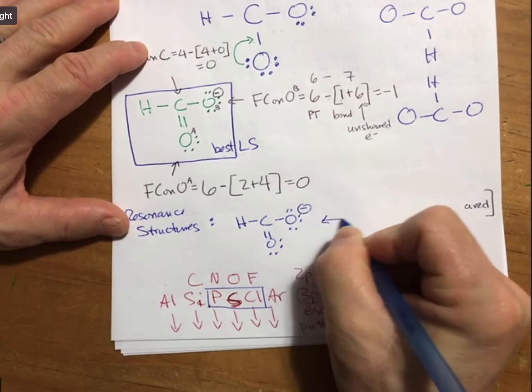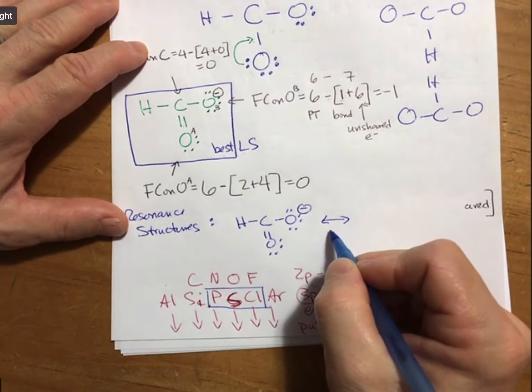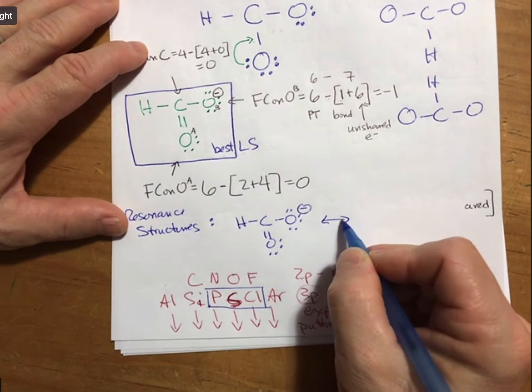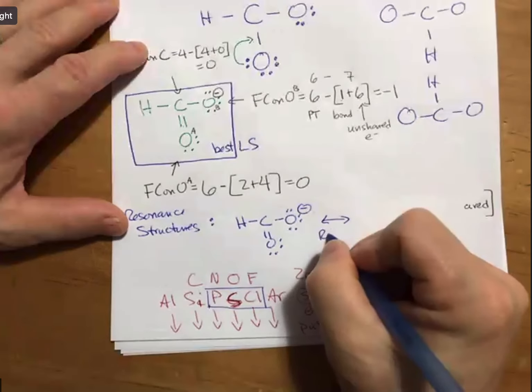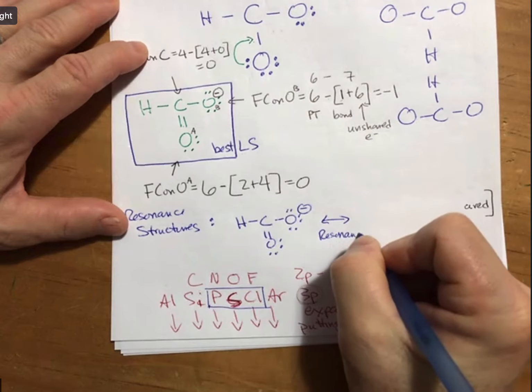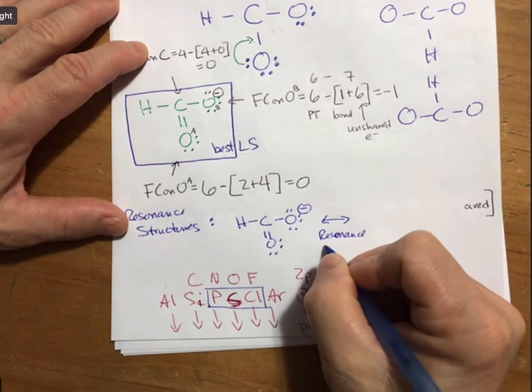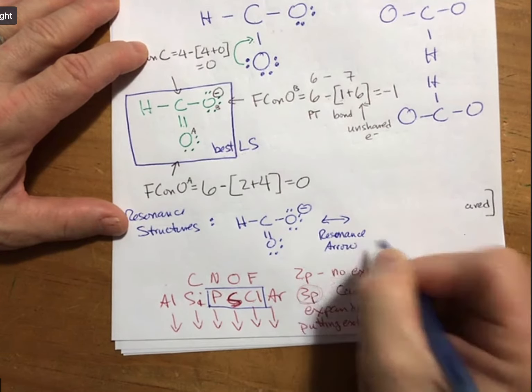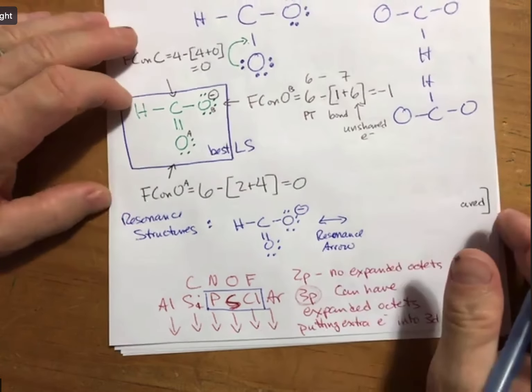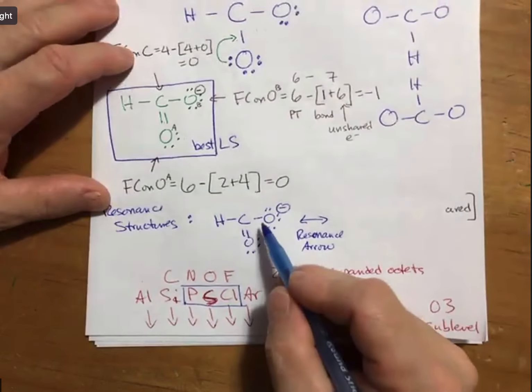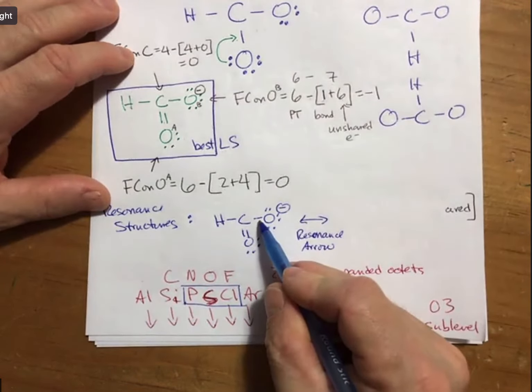And then this arrow with 2 heads on it is called a resonance arrow. You don't have to draw it, but it is typically done. And now I'm going to draw the double bond in the structure over here. I'm going to draw the double bond here and the single bond down here.